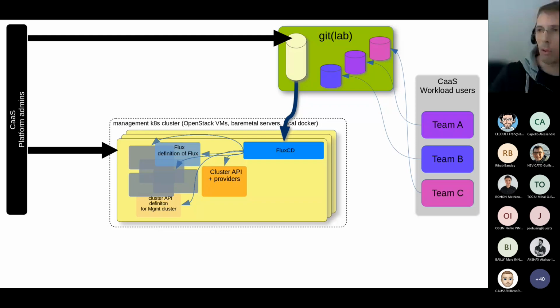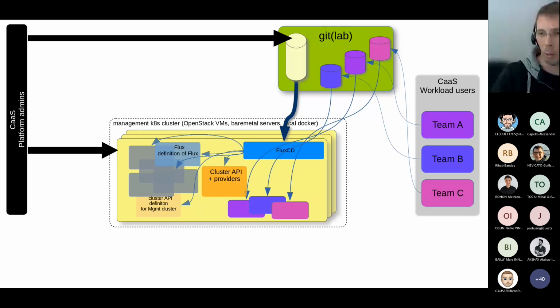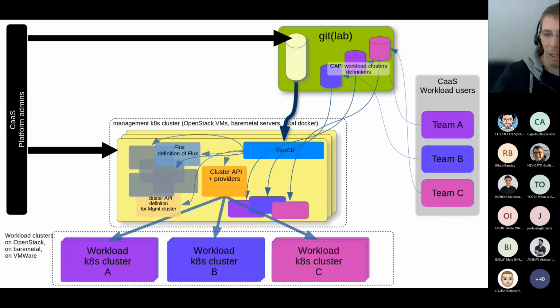The goal being to allow workload cluster users to put the definitions for their workload cluster in Git and rely on a GitOps workflow to have those Kubernetes resources defining the cluster be defined on the management cluster. And then as soon as those resources are created, Cluster API in the management cluster will actually work on creating or updating the different workload clusters.